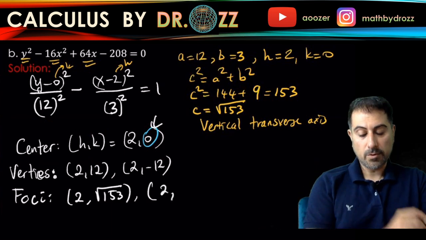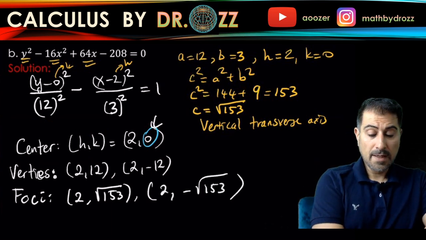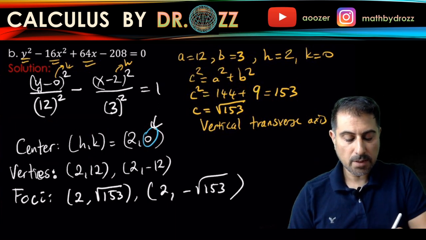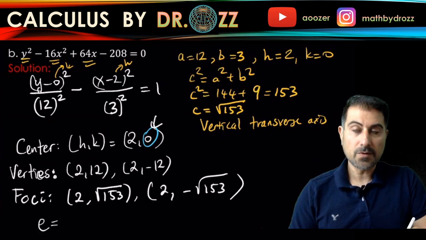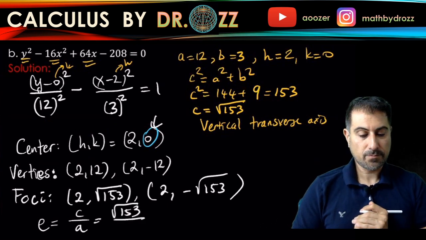These are the coordinates of the foci. And eccentricity is the same formula as in the ellipse case, so e equals c over a, which is radical 153 divided by 12.